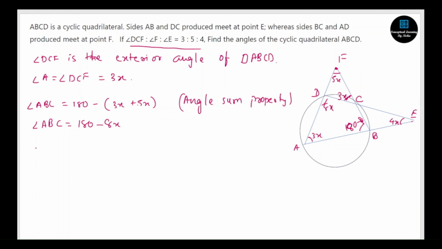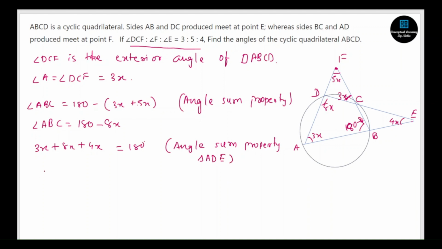Using the angle sum property of triangle ADE, 3x plus 8x plus 4x equals 180.